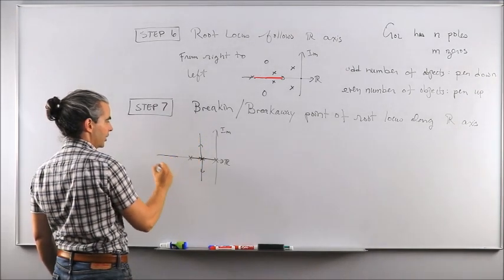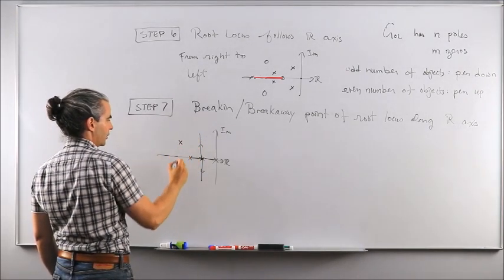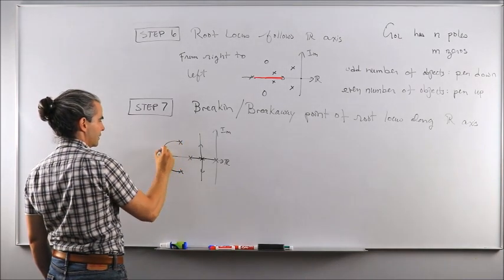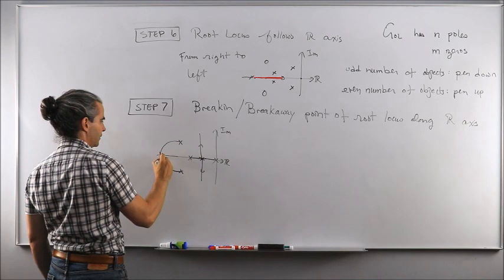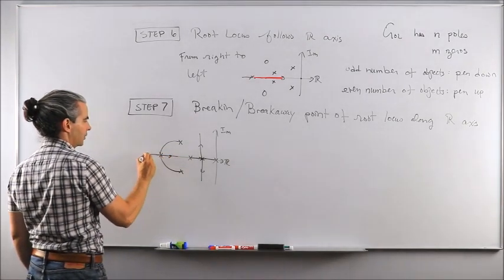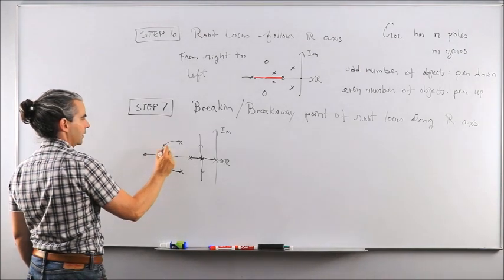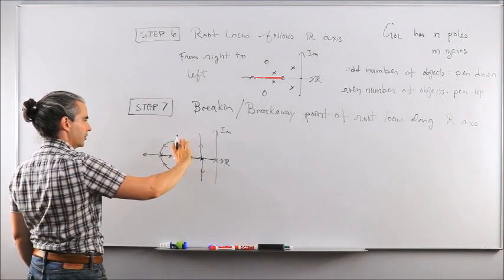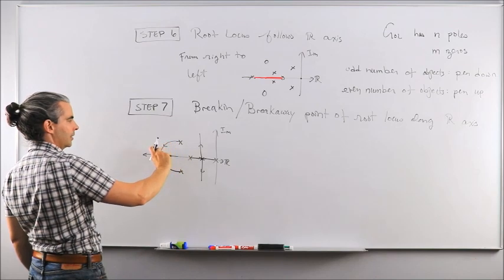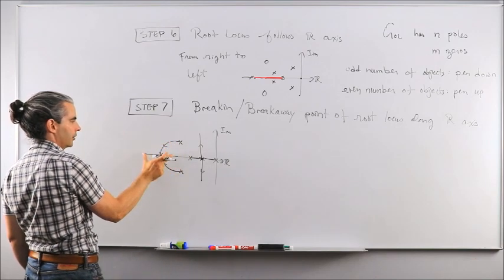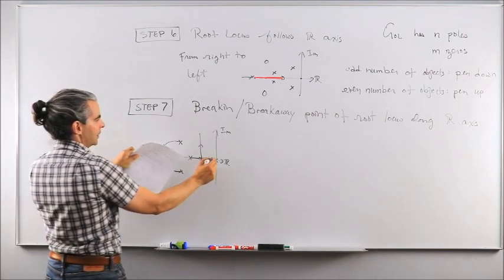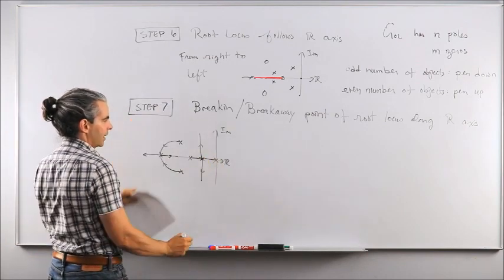There are other situations where you could get poles moving towards the real axis like that, knocking themselves up again, and one moving to the right and one moving to the left thereafter. That would be a break-in point because you're moving from away the real axis towards the real axis, and boom, at that point you stay on the real axis, so you are breaking in the real axis, whereas here you are breaking away from the real axis.